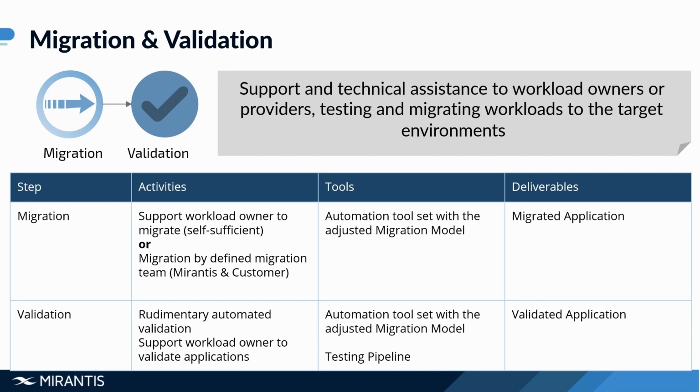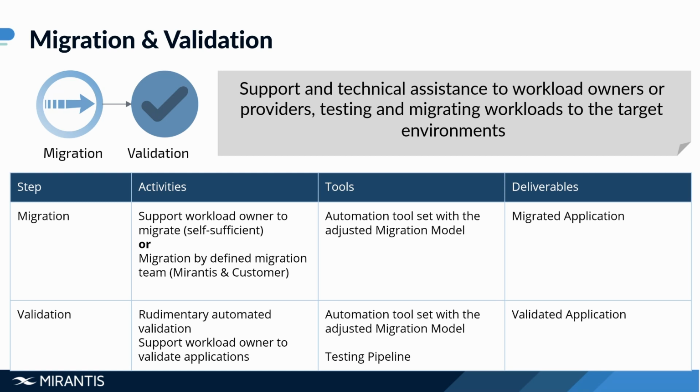The validation at the end, I want to highlight this, is just rudimentary, right? We will check the availability of the virtual machine, if the network works, and that's it.